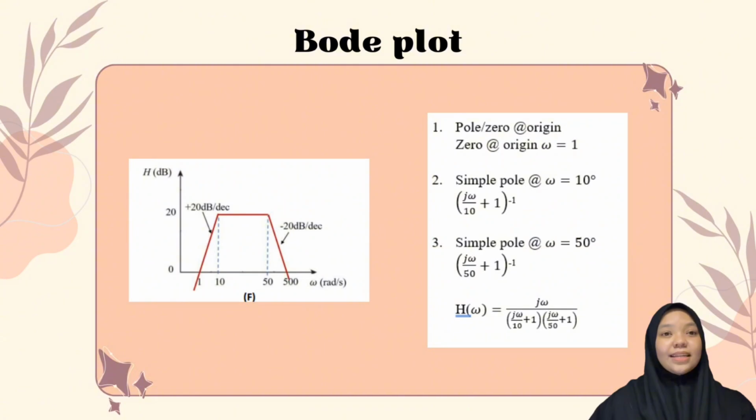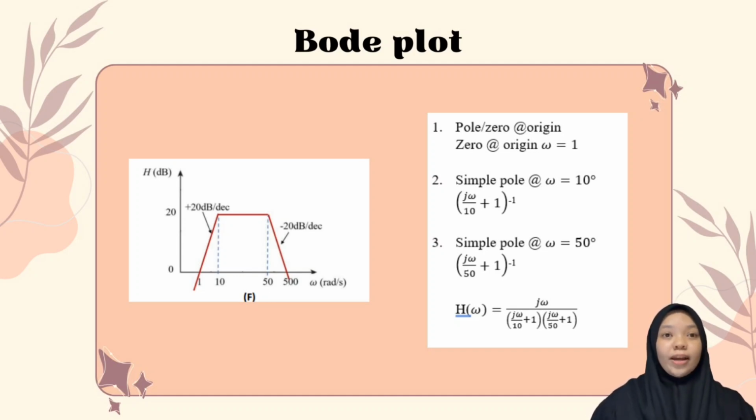Then we add the second pole. The final region shows a decline at negative 20 dB. So this indicates another pole at omega equal to 50. Including this, the transfer function now becomes multiplied by (j omega over 50 plus 1) to the power of negative 1.